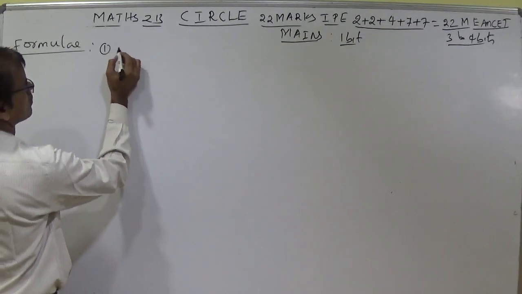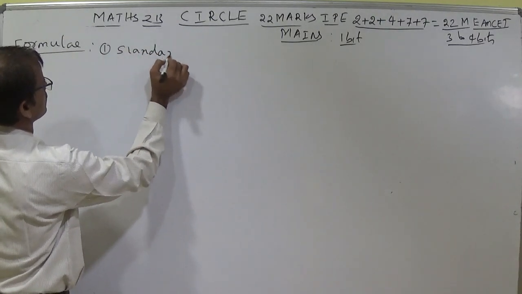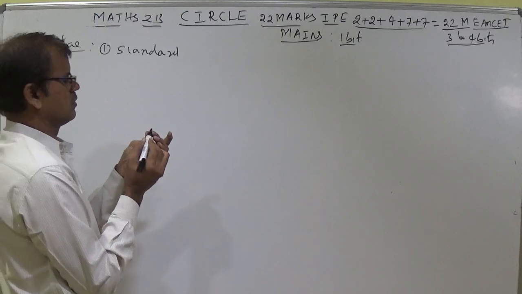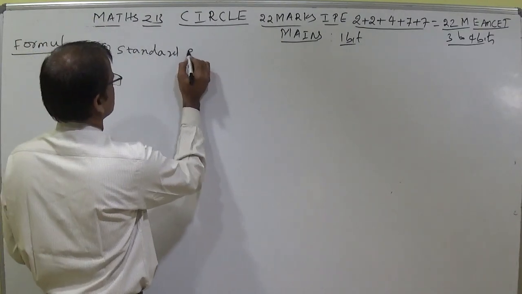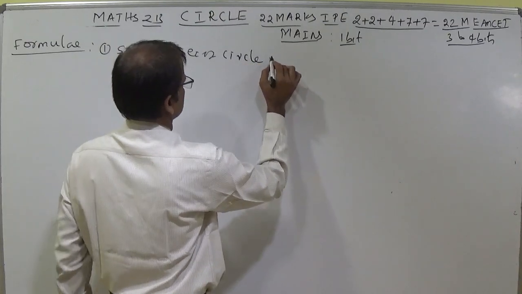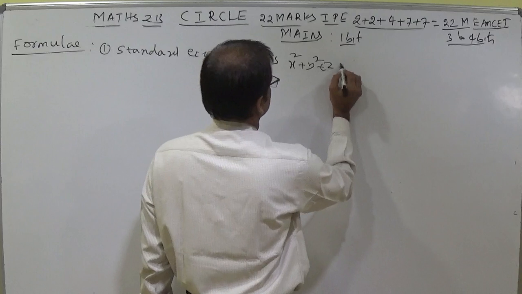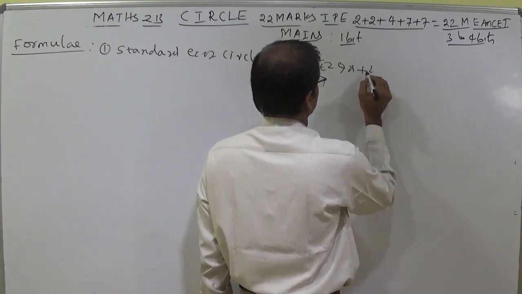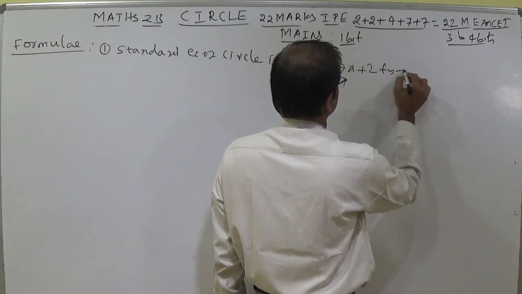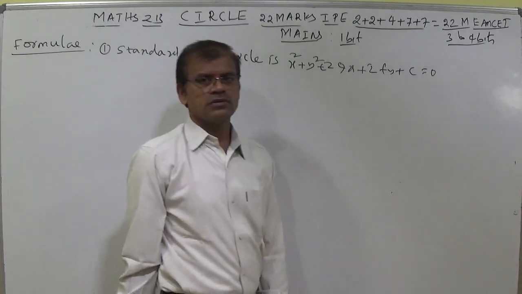First one, the standard equation of circle. The standard equation of circle is x square plus y square plus 2gx plus 2fy plus c equal to 0.